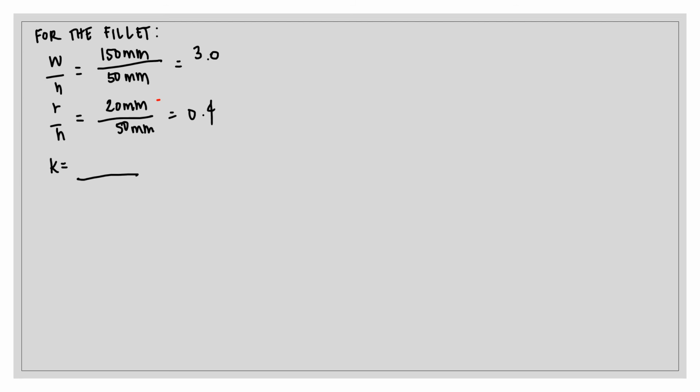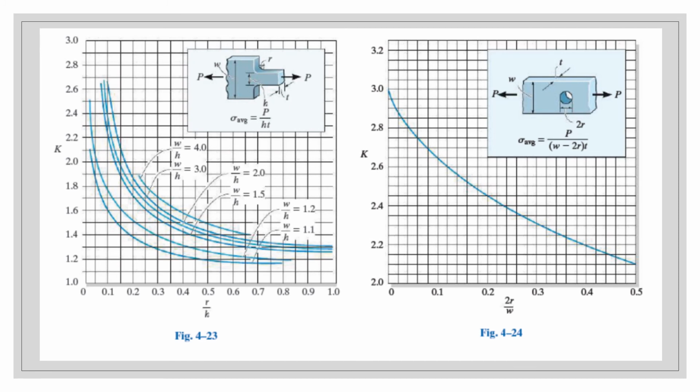Looking at the chart, since R over H is 0.4 and width over height is equal to 3, on the second curve the value of K is within there. So K is equal to 1.52.